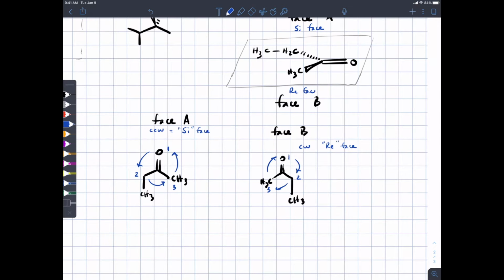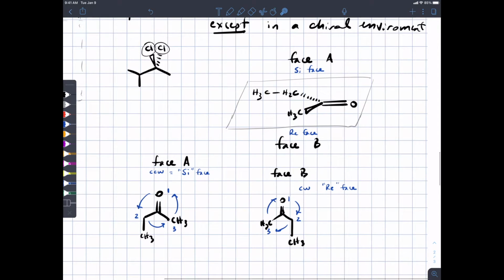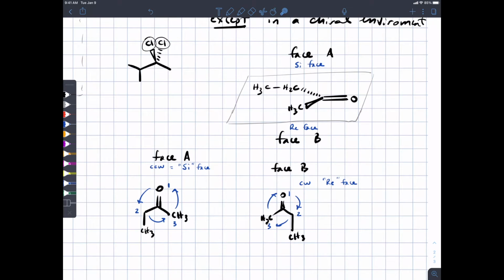And why do we do this? Well, imagine if you were to reduce this ketone by delivering a hydride from the top, what would the stereochemistry be?